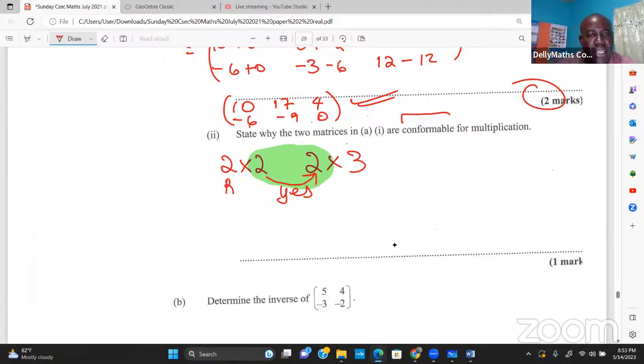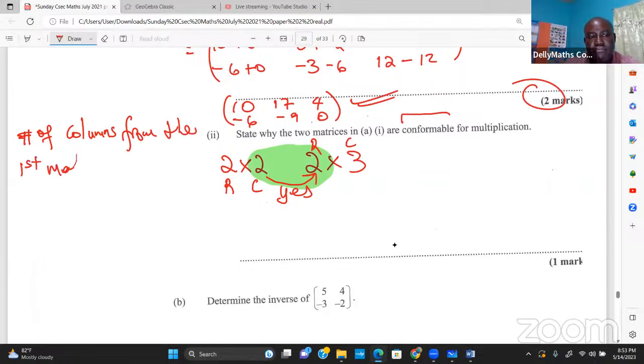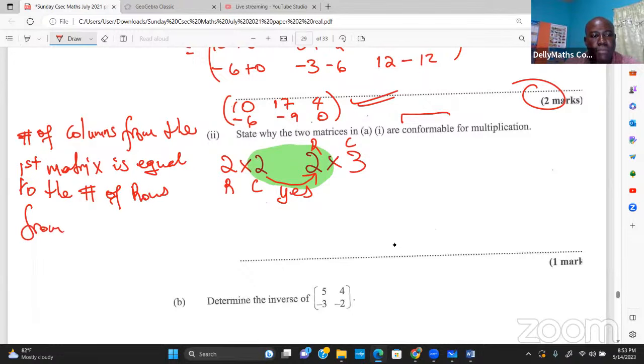Remember that this is a row, this is a column, this is a row, this is a column, row, column. So it means that the number of columns from the first matrix is equal to the number of rows from the second matrix.